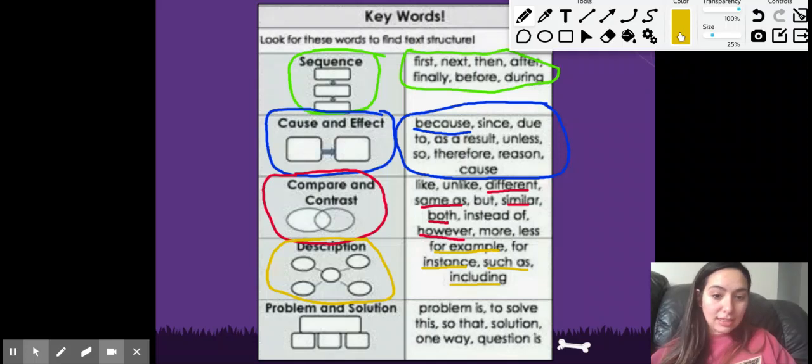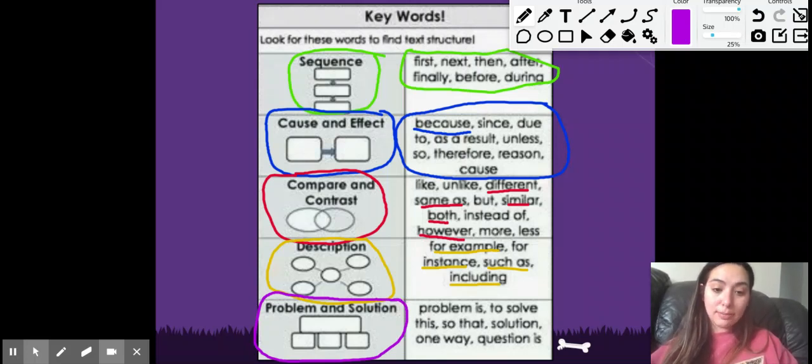Okay, the very last one, let me pick another color, is problem solution. Problem and solution is pretty common. This is if the author wants to tell you about a problem and then how they solved it or like what they did to fix their problem.